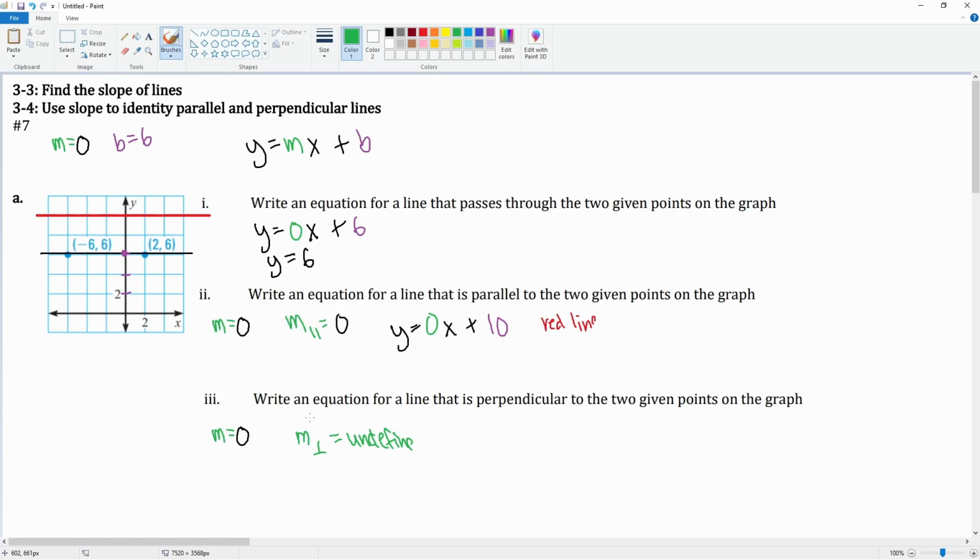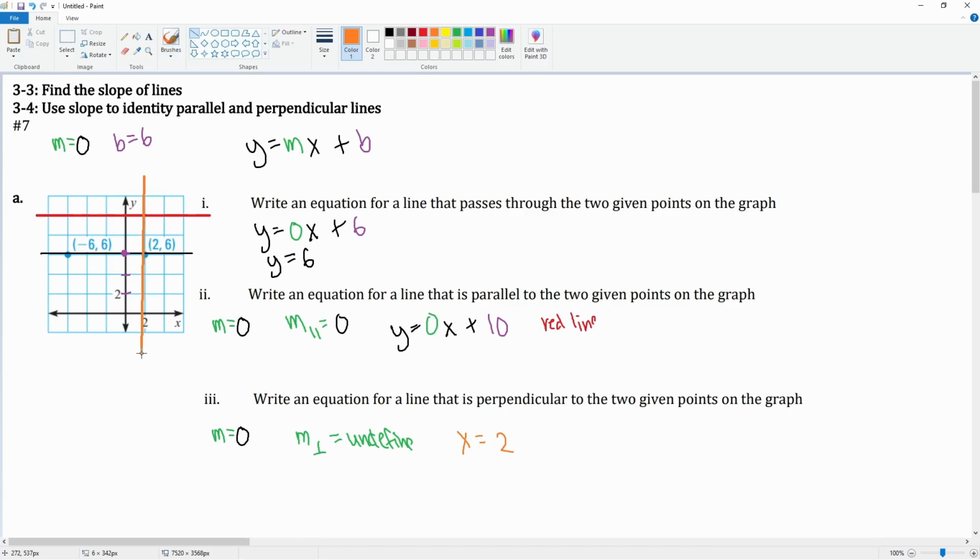You can't really divide by 0, so you can't really write the equation as y equals undefined. The only way you can write it is using x, so it is x equal to some value. You could pick any value you want. I'm going to pick x is equal to 2, and I'm going to show you the line here.